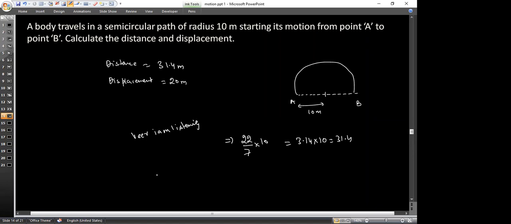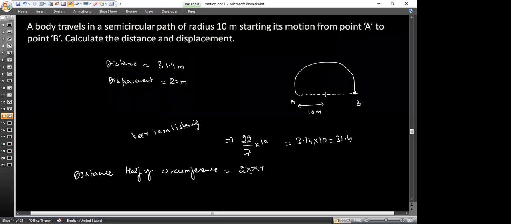The distance, if the person reaches from A to B position, will be half of the circumference. So distance will be equivalent to half of circumference, and that will be equivalent to 2 pi r divided by 2.